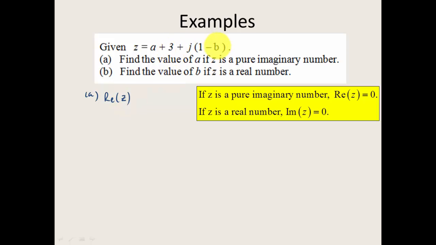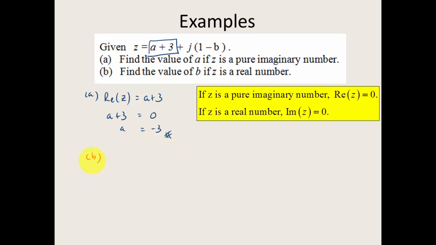The real part of z is a plus 3. It is the part of z that does not have j attached. And since it's a pure imaginary number, the real part must be 0. So a plus 3 must be equal to 0. And a hence must be negative 3.